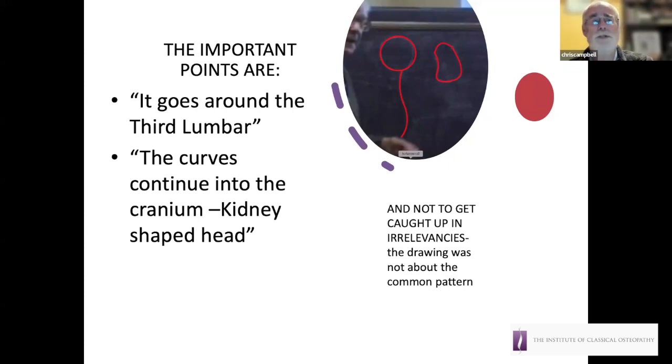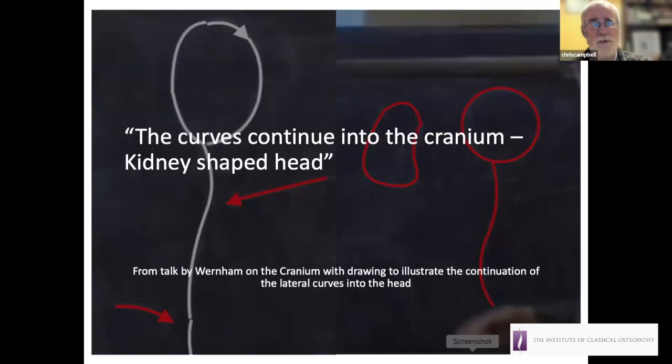And the two important points that he was making in all of this are the effect on the third lumbar, and the curves also continuing up into the cranium, that the mechanics don't stop at the top of the neck. And underneath all of this, we have the baseline. The pelvis is the base of the body. We'll come back to that again when we look at what other people are saying.